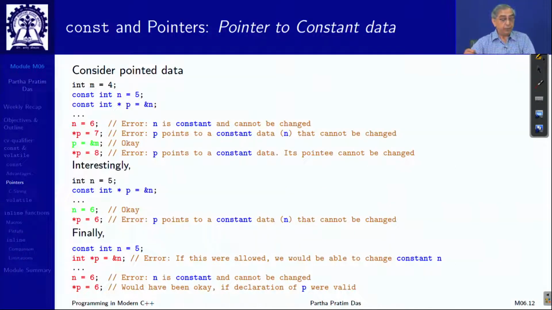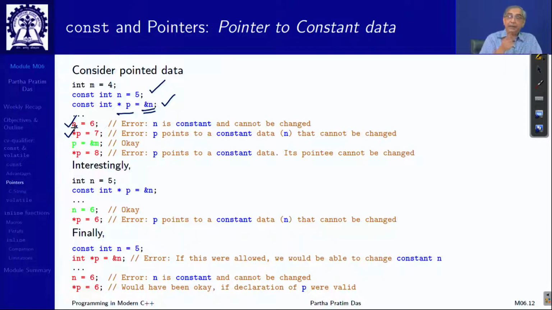Right. So, here are the examples. So, you see pointer to constant data. So, you have a constant variable here, and you have a star p which points to a constant data. Right. So, you can use this. Now, naturally you cannot assign to n because it is constant, you cannot assign to star p because if p is pointing to a const int, then star p is constant.